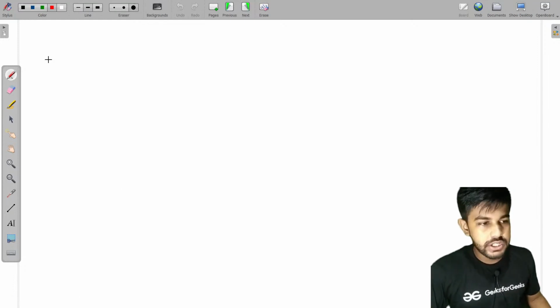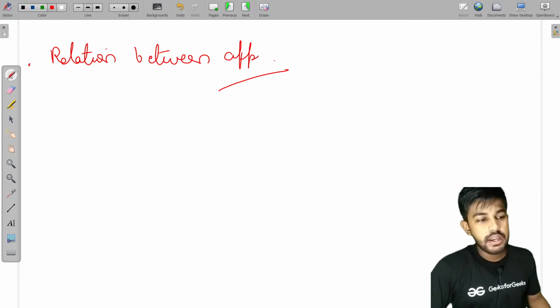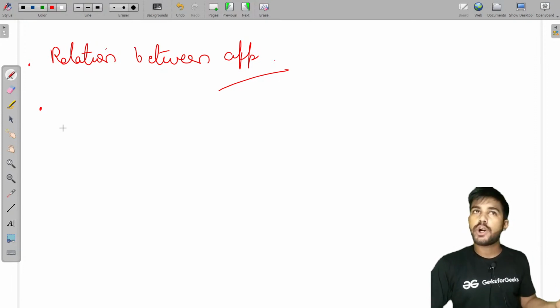There is a relation between alphabets. So now we need to find the ordering of the alphabet. So now we need to sort that.